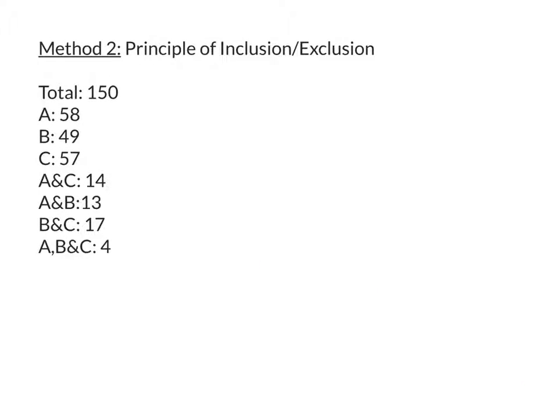The second way I want to show you how to solve this problem is using an idea from discrete math called the principle of inclusion and exclusion. What this does is allow us to just look at the numbers and add or subtract them to find out how many are left over. Now, what we're looking for is, first of all, to find out how many people drink A or B or C. Notationally, we would say A union B union C, and these absolute values just say that's the cardinality of the set.